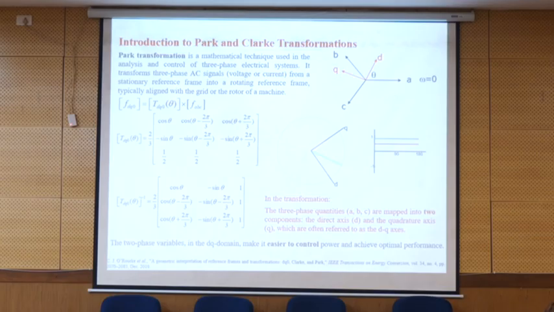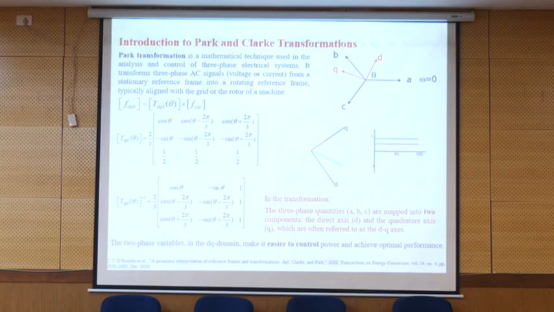So assuming that you have VA, VB, VC, if you multiply this one by VA, VB, VC, at the end of the line you see that V0 is equal to 1 over 2 VA, 1 over 2 VB, 1 over 2 VC, that is, 1 over 2 times VA plus VB plus VC.